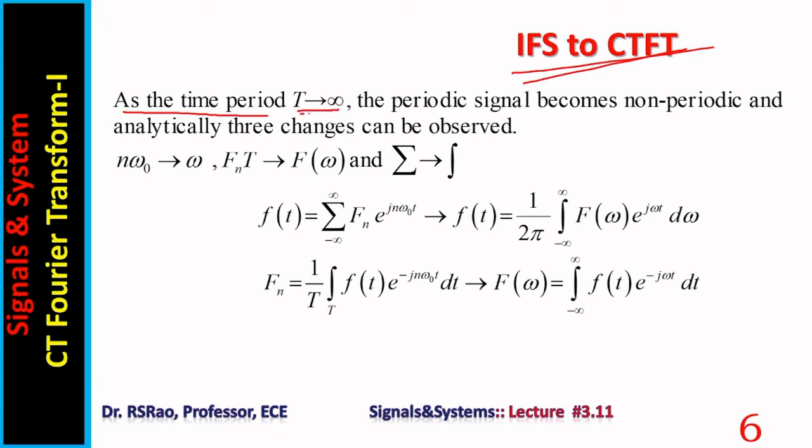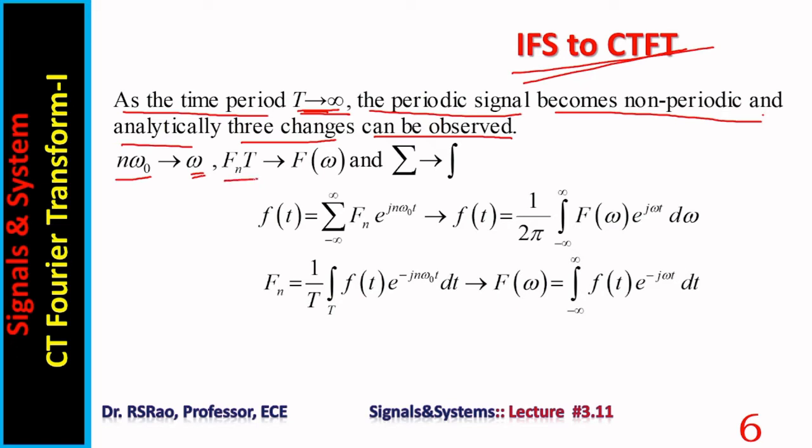tends to infinity, the periodic signal becomes non-periodic, and analytically, three changes can be noticed. What are those three changes? N omega naught becomes omega. N omega naught in the exponential Fourier series expansion becomes omega.